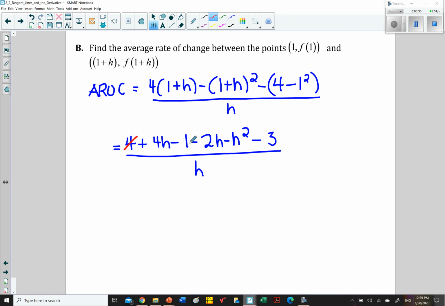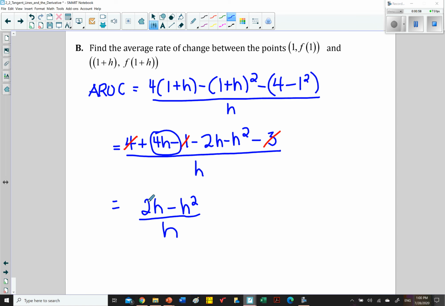I did have the 4 minus 1 was 3, and this minus 3 was good to add up to 0. But on my next line down on my work yesterday, I said I didn't see the 4h, and I wrote down minus 2h. So that should be corrected: 4h minus 2h is a positive 2h minus h squared. And that's where I made my mistake.